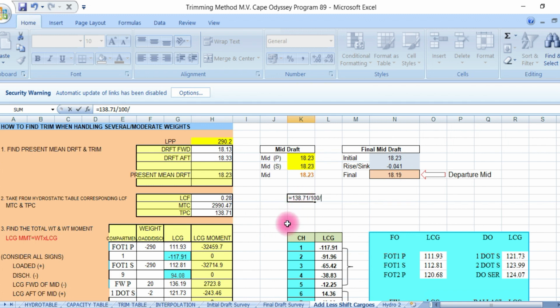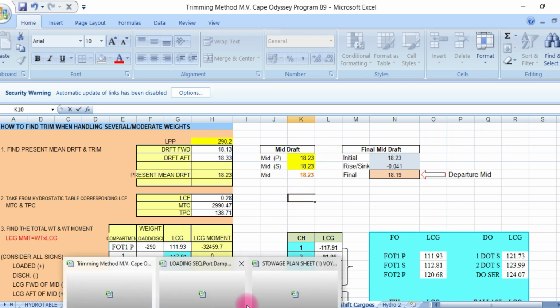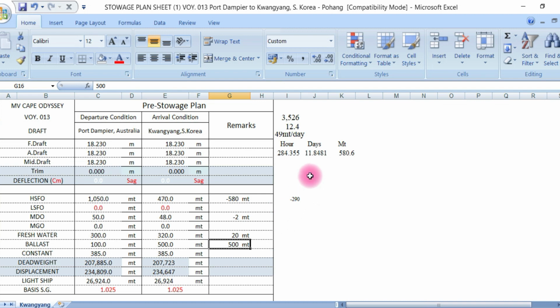I'm sorry, the total consumable fuel oil was 580 plus 2, that is 582.